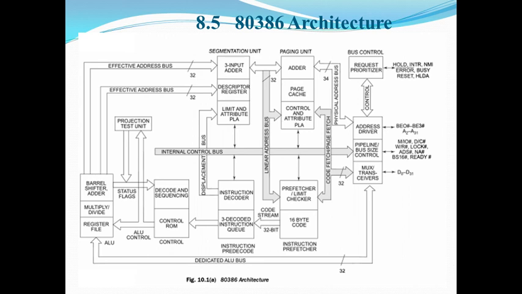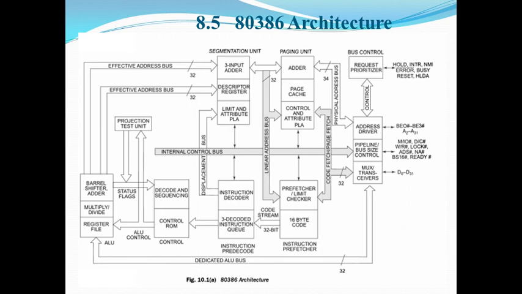The bus control unit has a prioritizer to resolve the priority of the various bus requests. So here, in case of a bus request, we always go for the priority, and on that basis the prioritizer decides whether access is allowed or not. So this section controls the access of the bus.